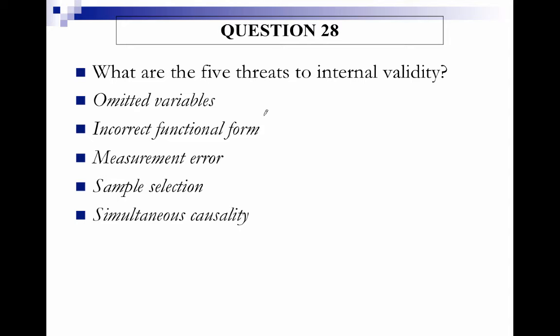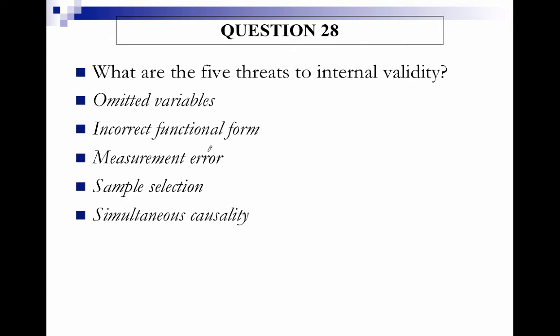So you would want the correct functional form. If you have wages or salaries or income as your dependent variable, you would want to take the natural log in order to make it a more normally distributed dependent variable. So those are examples of changing the model so that it has a correct functional form.